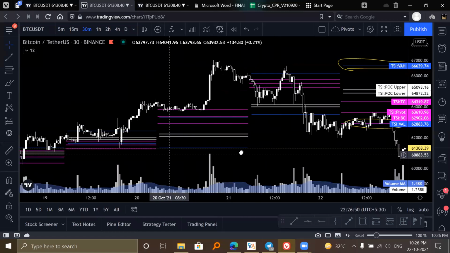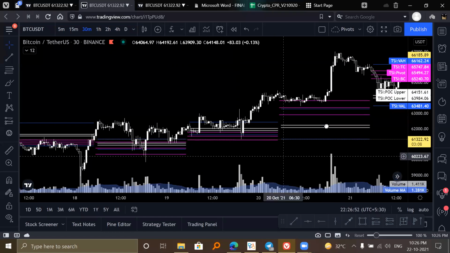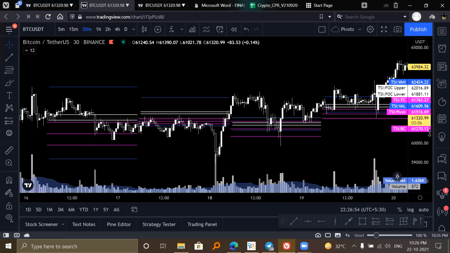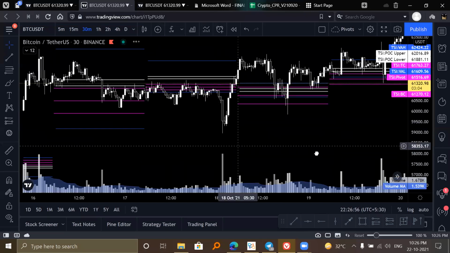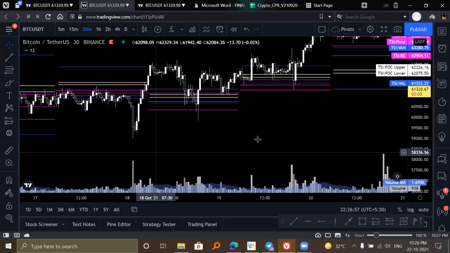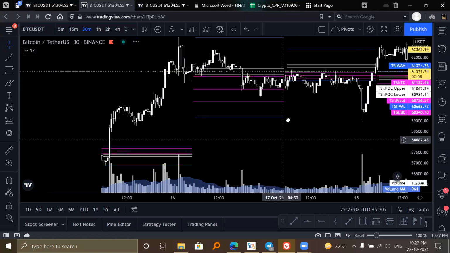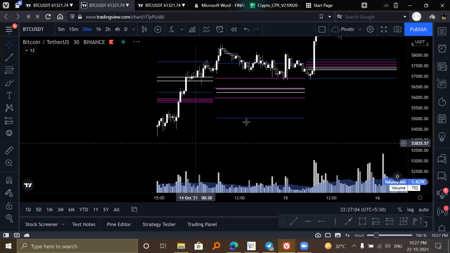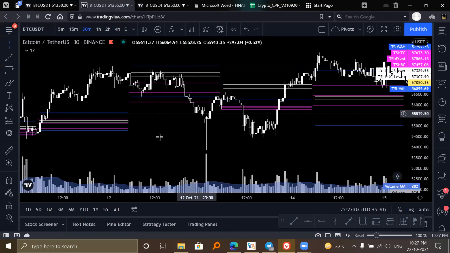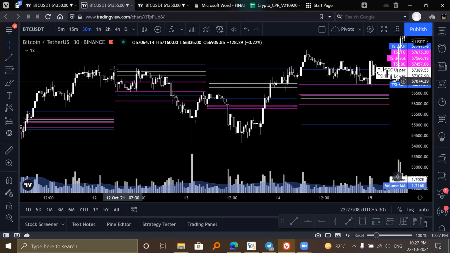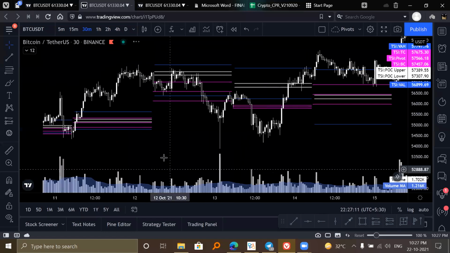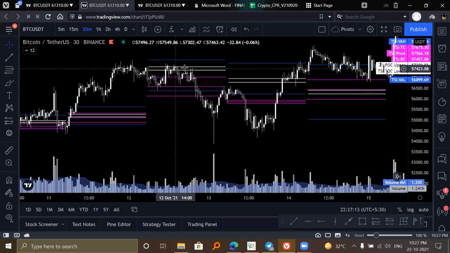Like for example, narrow pivots. Yes, here we have got narrow pivots. See, the price was moving in a range in this week, in this day.